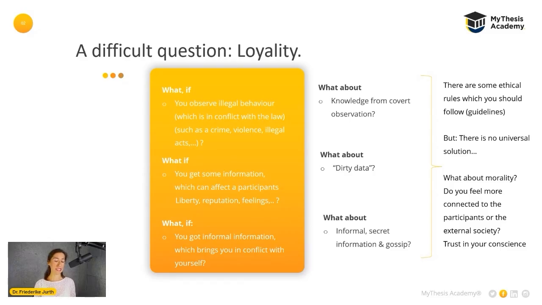Then it is at least up to the researcher and to his own consciousness and morality if he feels more connected to the participant or even to the external society. So, after all, it is really a question of yourself and of your relationship to your research participants.